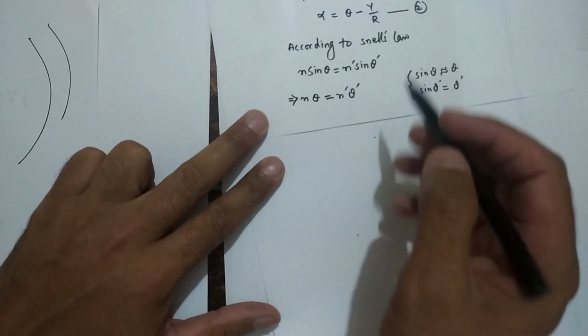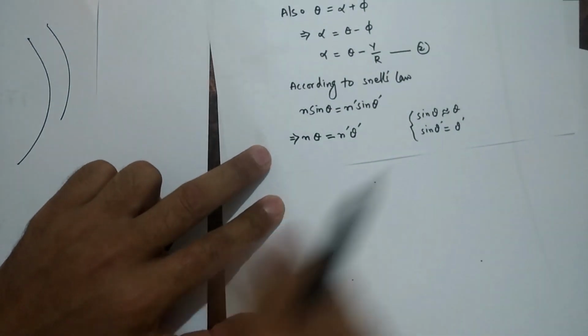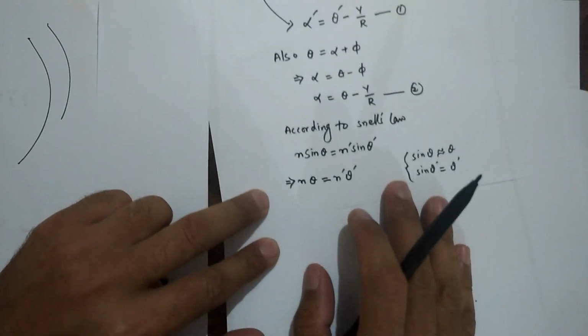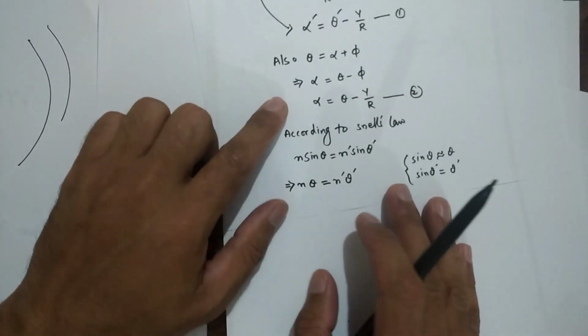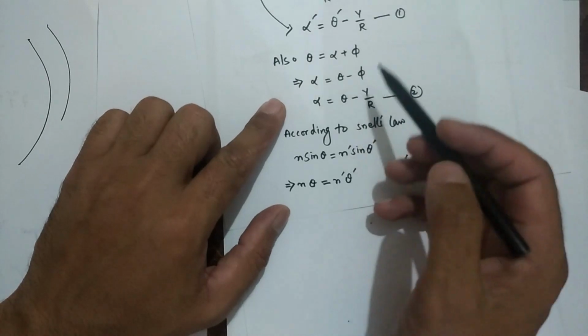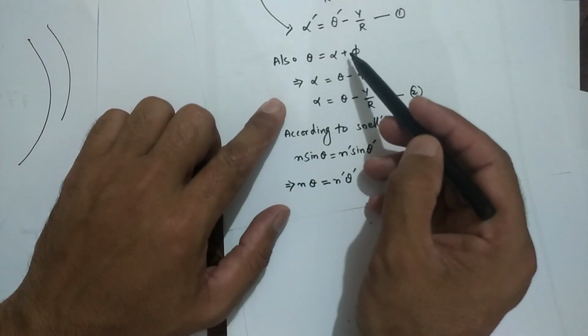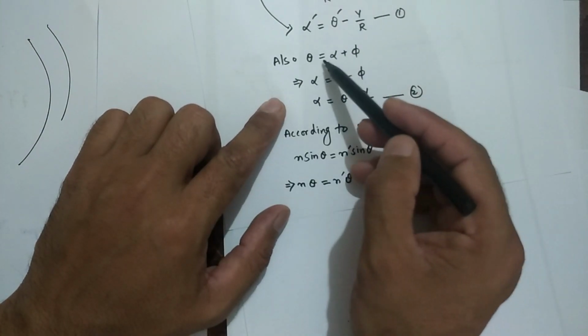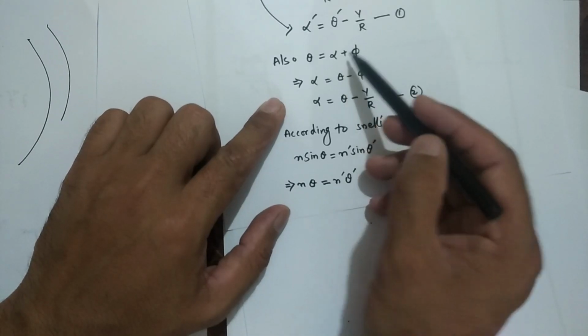So by substituting the value of theta, which is alpha plus phi, theta is equal to alpha plus phi.